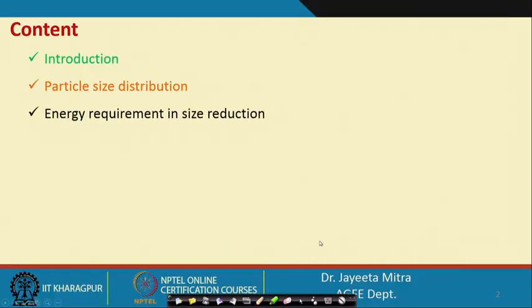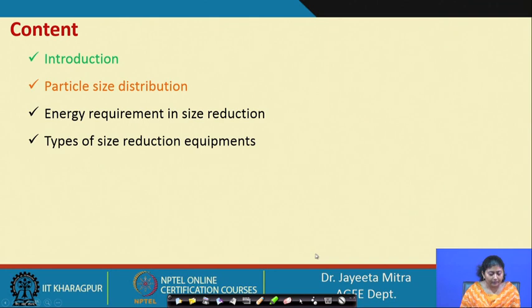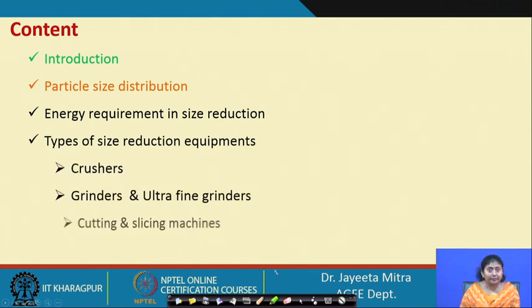So, there is a distribution of different sizes most of the time, and we need to find the predominant size fraction in that mixture. So, we will today discuss in detail the particle size distribution, and there are other topics in this chapter that we will cover in due course of time. Now, we will start particle size distribution today.